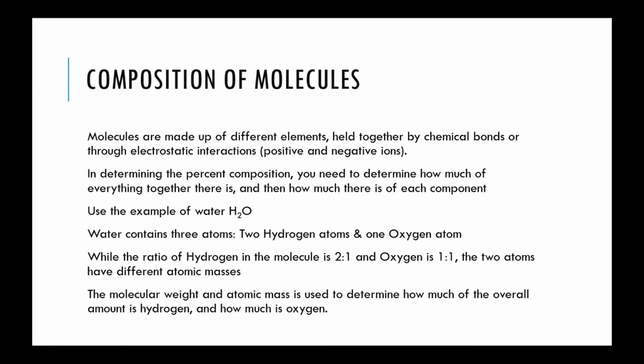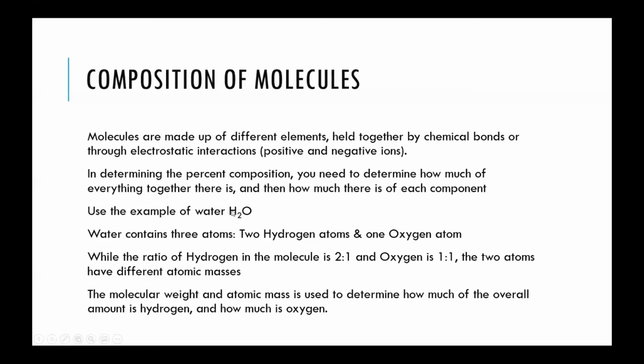However, oxygen and hydrogen weigh a different amount. Overall, the molecular weight of water is 18 grams per mole. 16 of those are coming from oxygen, this 1 oxygen, and the other 2 are spread across 2 hydrogen atoms.